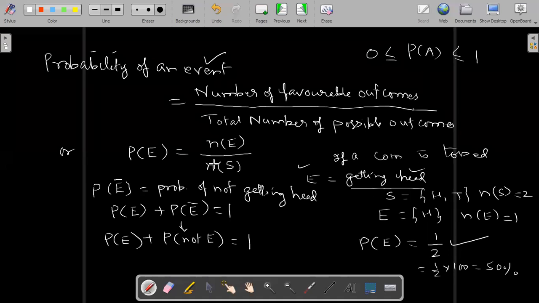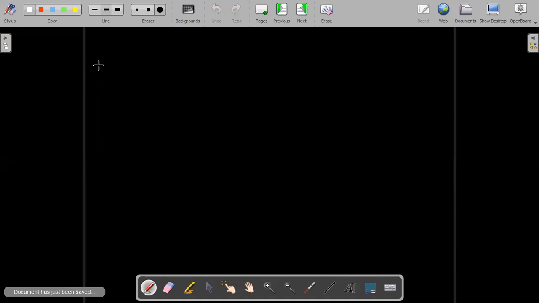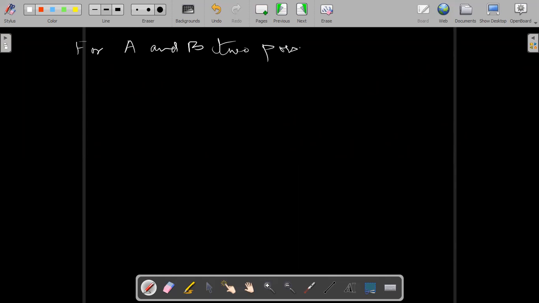For A and B, two possible outcomes of an event, suppose there are two events A and B, two possible outcomes of an event.